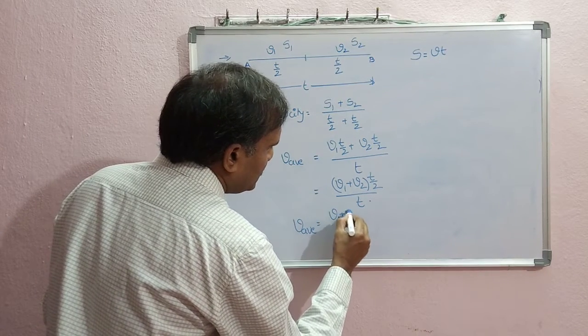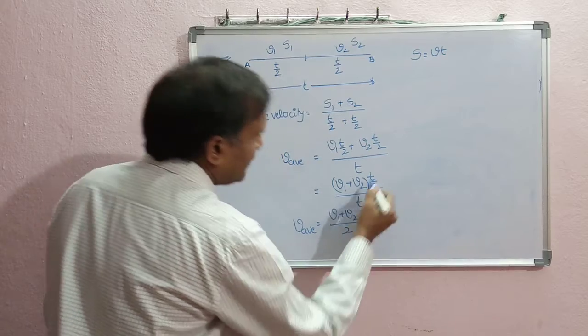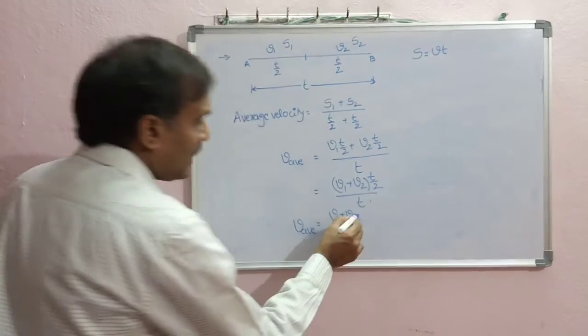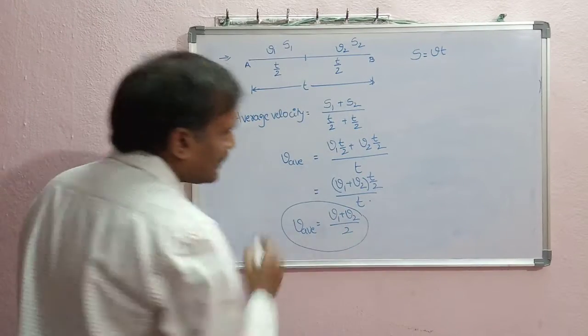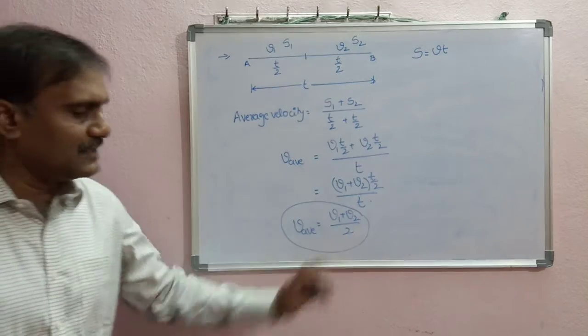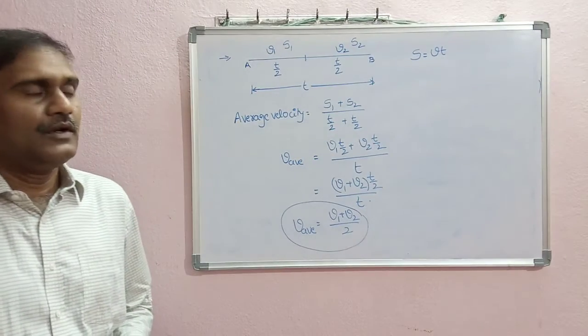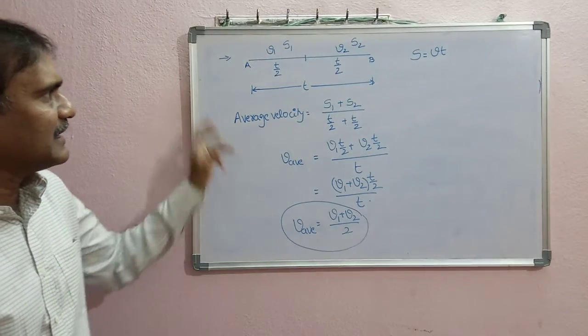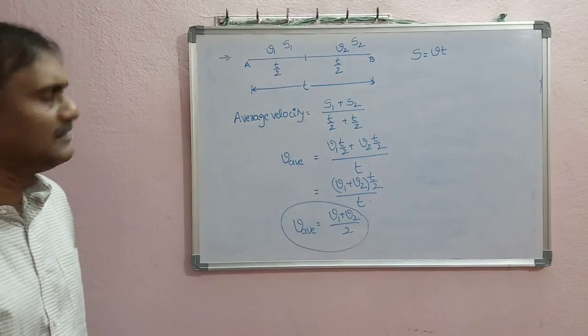V1 plus V2 divided by 2. t gets cancelled. Average speed is also equal to V1 plus V2 divided by 2, because the particle is moving along the same straight line.